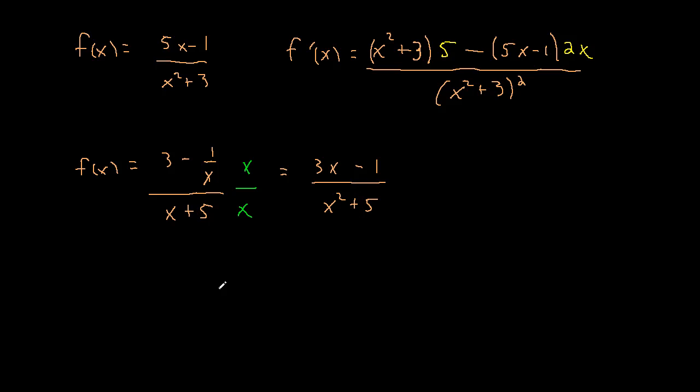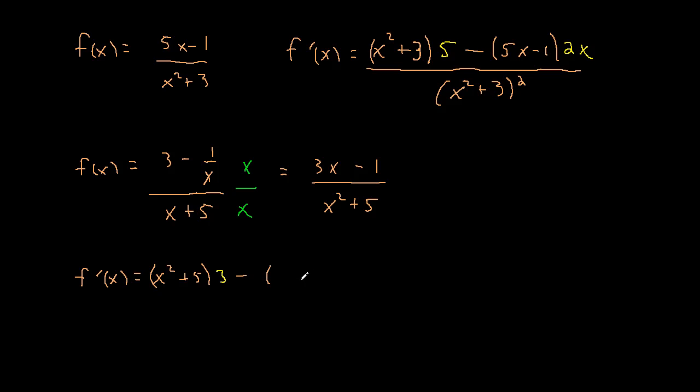Let's apply our quotient rule to f. My quotient rule says take your denominator and just write it down, x squared plus 5, multiplied by the derivative of your numerator, which is just 3.